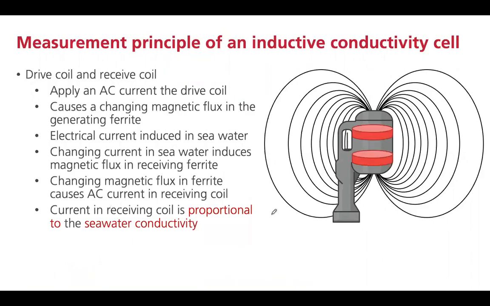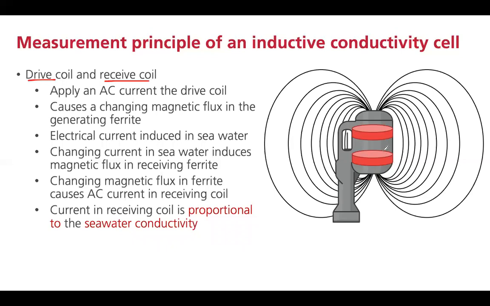Getting back to how they work: within the cell, there are two toroidal coils, coils of wire wrapped around ferrite rings. There's what we call a drive coil and a receive coil. We apply an AC current to the drive coil. This causes a changing magnetic flux in the ferrite, and then this will induce an electric field, and therefore an electric current, in the seawater. That AC current in the seawater will then induce a magnetic flux in the receiving ferrite.